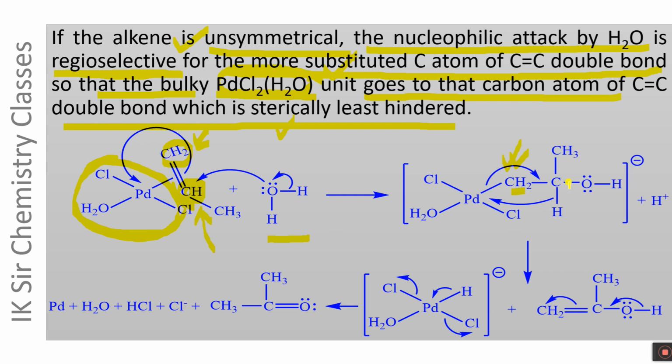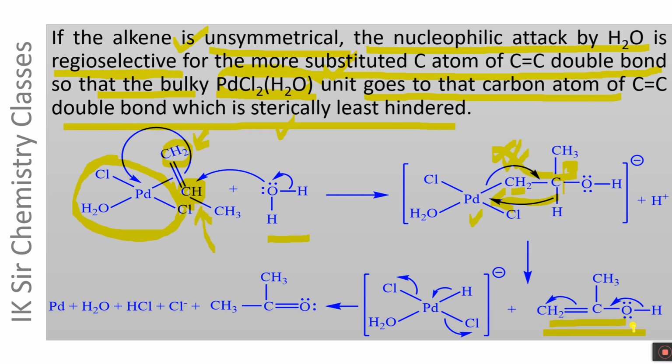After this attack, this is the alpha carbon, this is beta, and this beta hydroxyalkyl group sigma bonded to palladium undergoes beta hydride elimination reaction. Beta hydrogen is transferred to the metal atom and here a double bond develops.